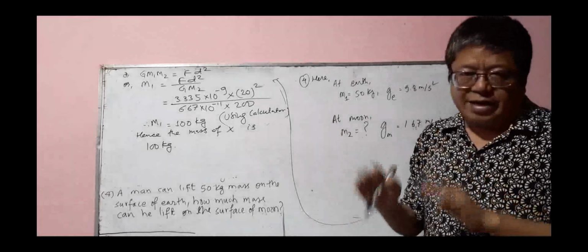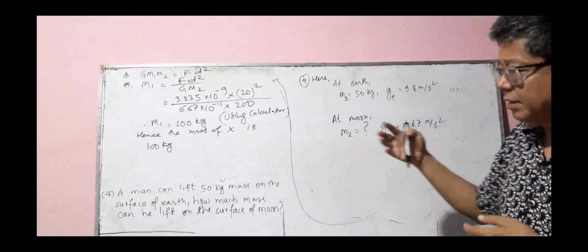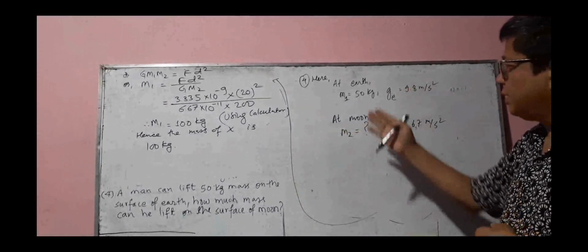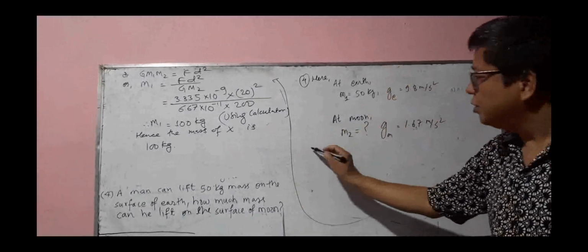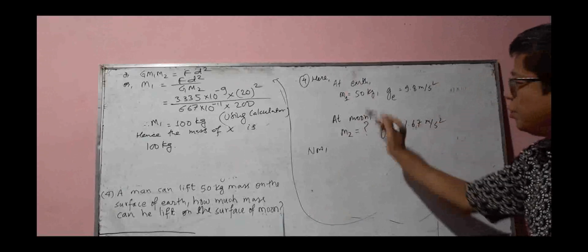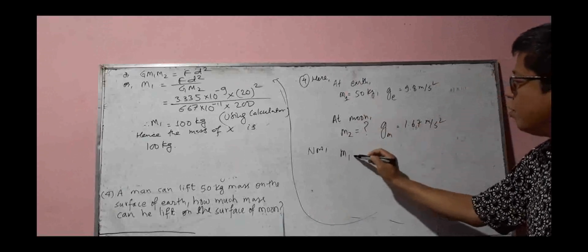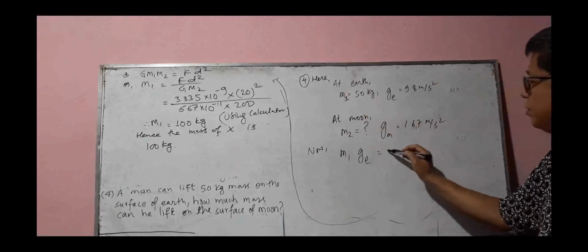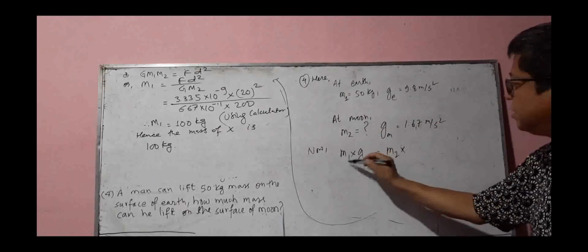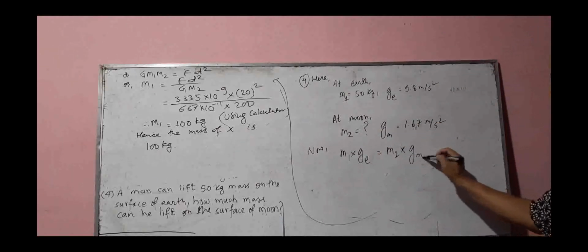So the force applied by the person or man is same both at earth and moon. So now we have a relation. In that case, force is same. So we can write that m1 into g of earth equal to m2 into g of moon.